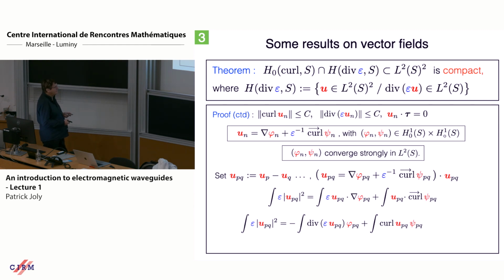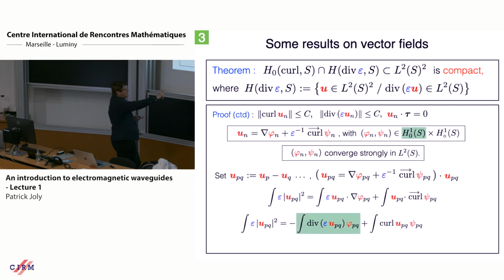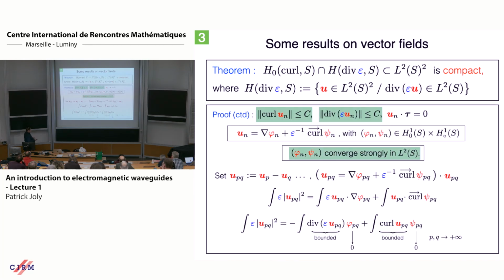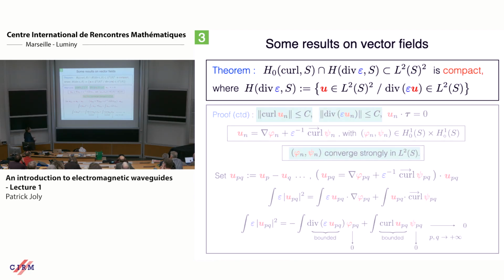And then this time everything is okay, because there are two Green's formulas. For each term I have used Green's formula. And the second term is nice, because you have one term which is bounded and the second term which converges strongly to 0. So the cross product goes to 0, and UPQ goes to 0. And the proof is finished.